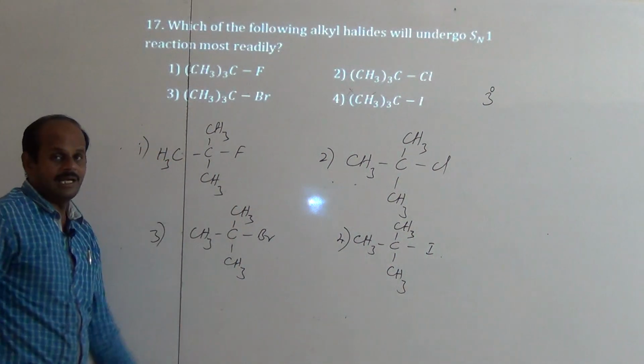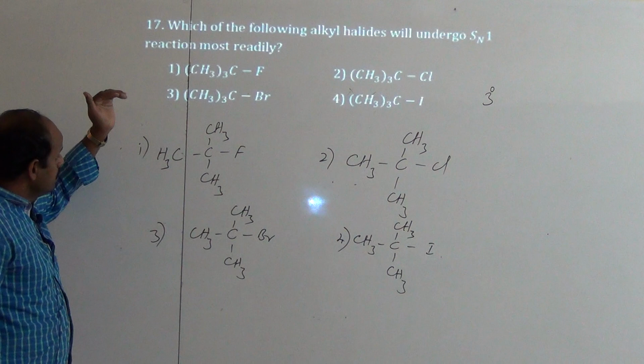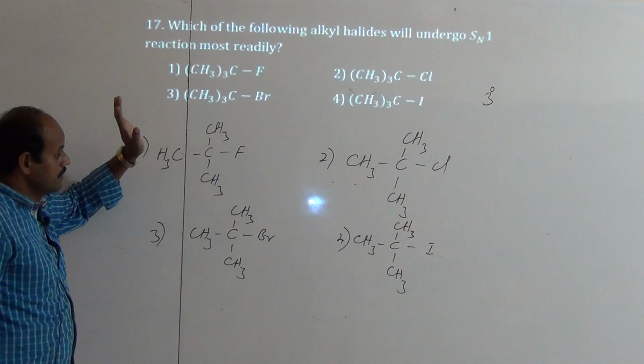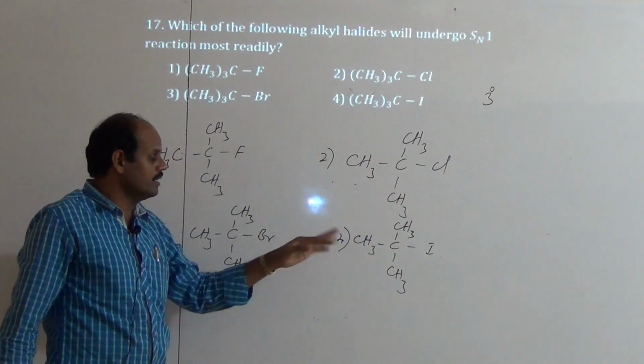All are tertiary alkyl halides only, so they all undergo SN1 reaction, but here the halide is different: fluorine, chlorine, bromine, iodine.